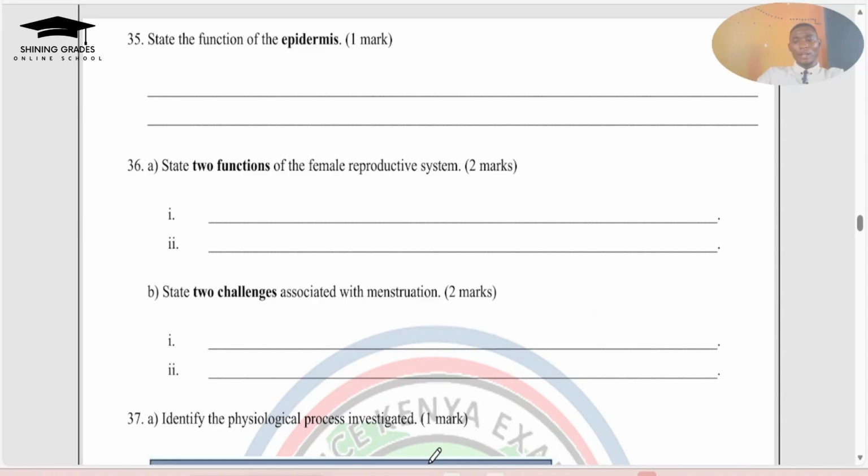It protects the underlying tissues from mechanical damage, from pathogen entry, and supports also the skin structure in case of the skin.